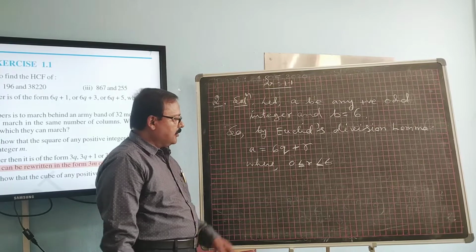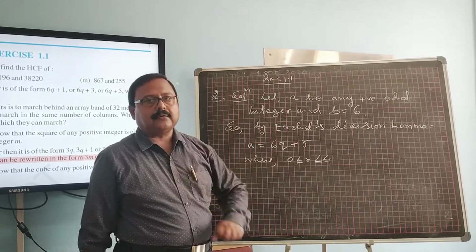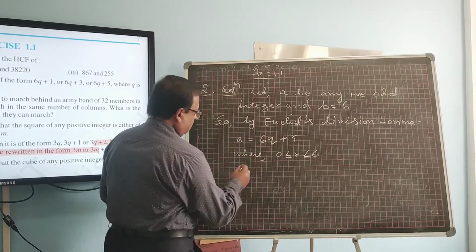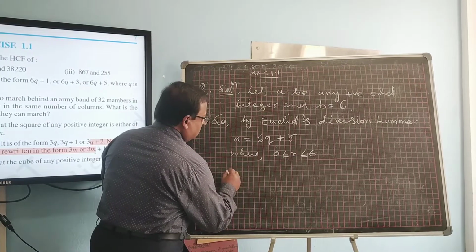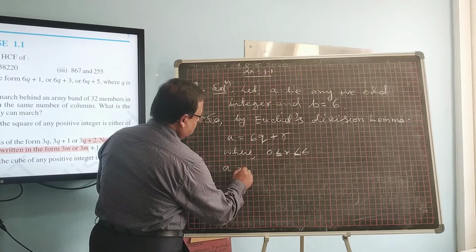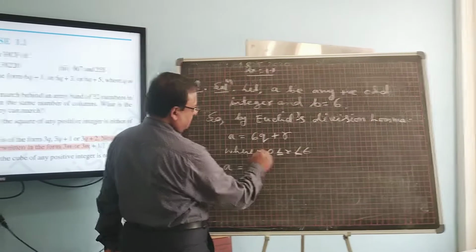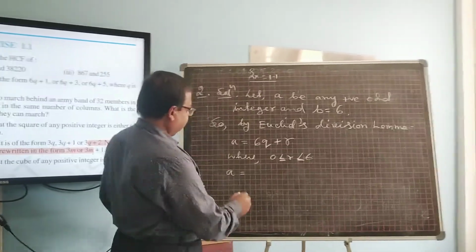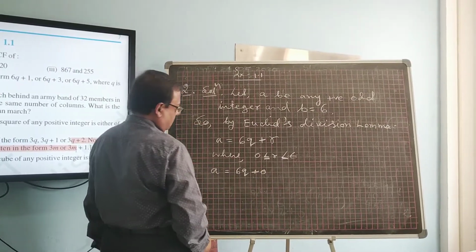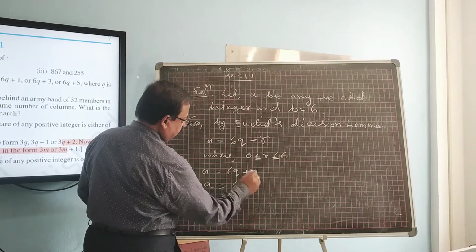The values 0, 1, 2, 3, 4 and 5 you can put here. a equals 6q plus 0, equal to 6q.